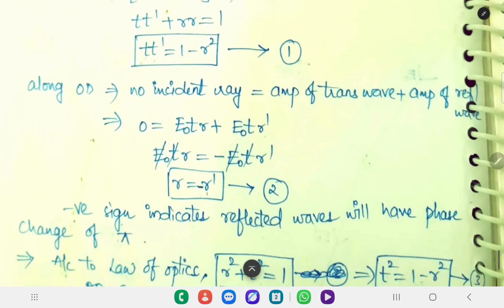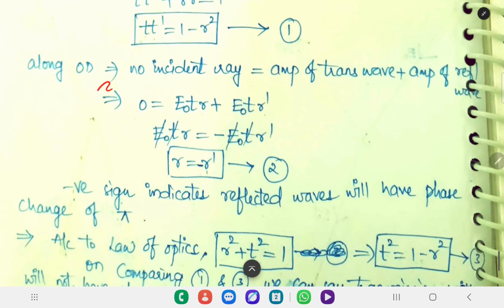Now along OD, again no incident ray is there. That is equal to the amplitude of the transmitted wave plus the amplitude of the reflected wave, according to the law of conservation. You can see in the diagram again, no incident ray, so 0.